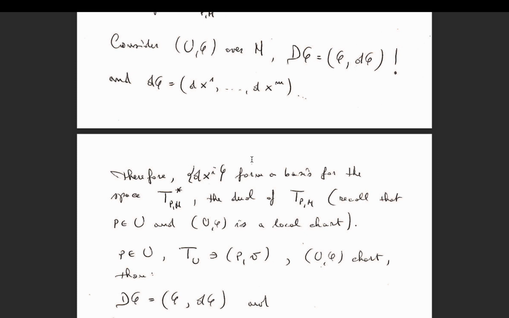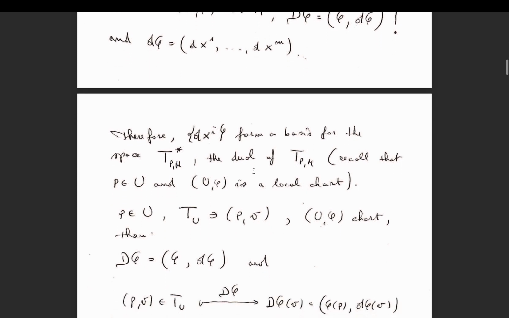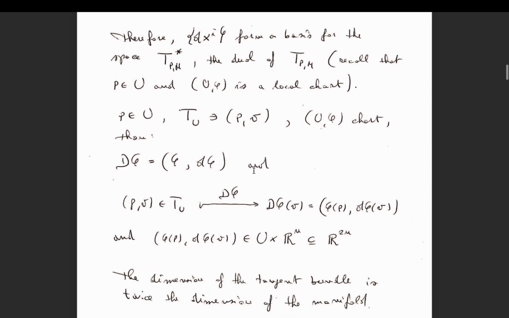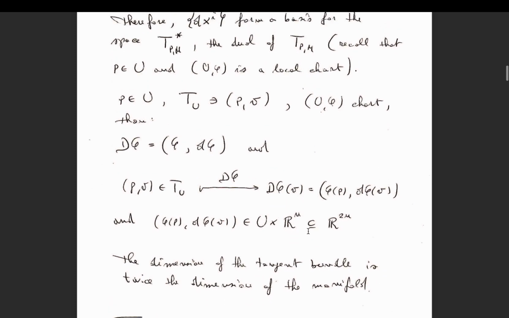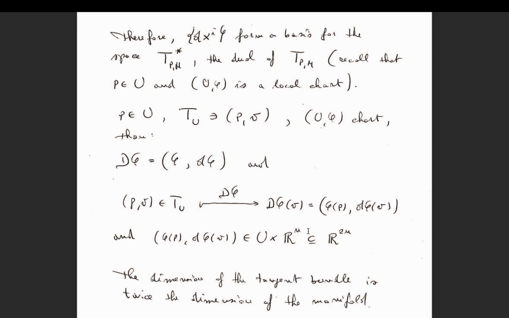So we obtain that the dimension, if we consider this capital Dφ as the coordinate homomorphism for the, let's say, differentiable manifold tangent bundle, then we have that the dimension of the tangent bundle must be equal to twice the dimension of the base manifold M. But how can we build the differentiable structure of the tangent bundle?